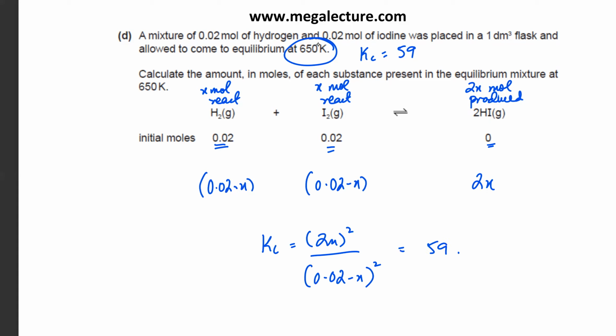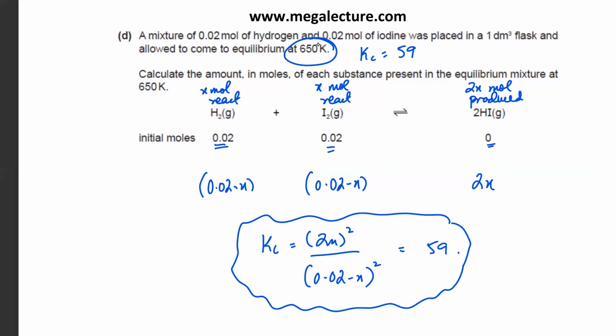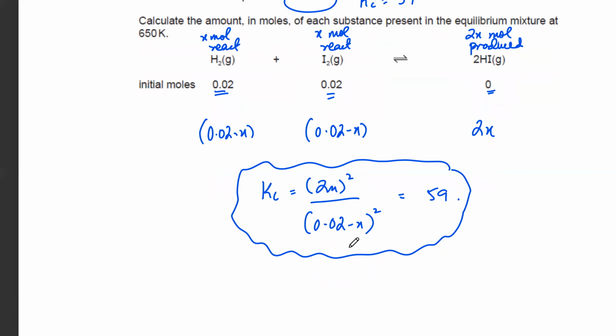So all you have to do is solve this, and you'll find the answer. This is exactly the same one. Or you can take the square root of both sides. This would be the square root of 59 and the square would go away, and it's going to be 2x is equal to 0.02 times root 59 minus x times root 59.